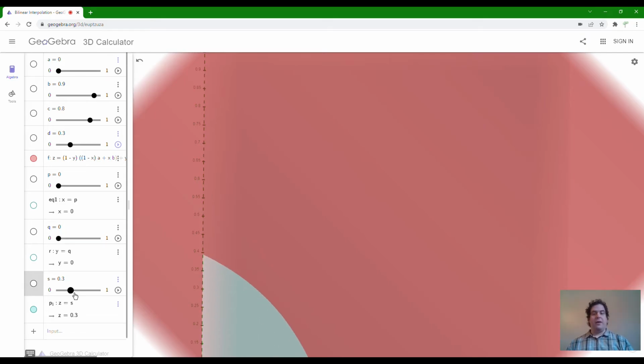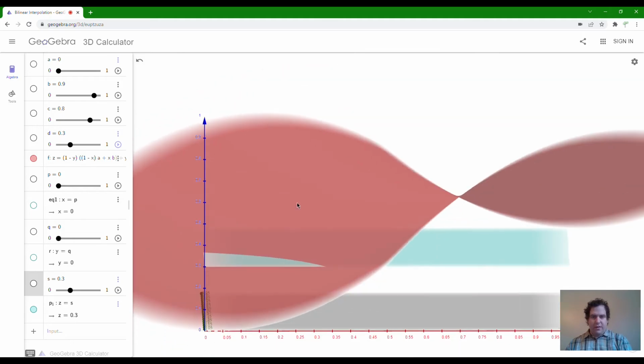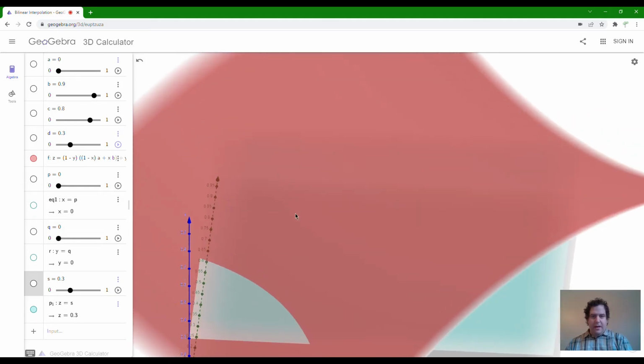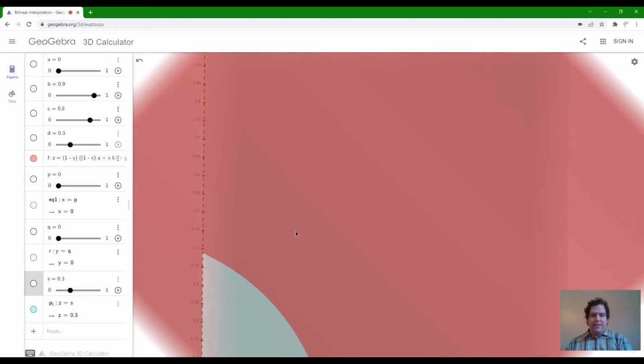threshold for alpha. So we see here in red, I've marked the points where alpha is above the threshold, in this case of 0.3, and in green, this plane that we're drawing breaks through the surface of the curve, and so we see these pixels where the alpha value is less than 0.3 as being this cyan color.